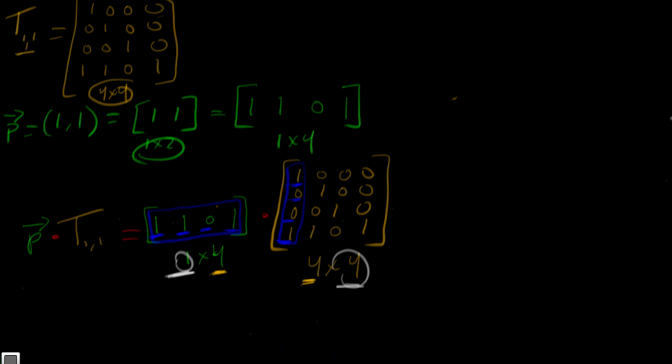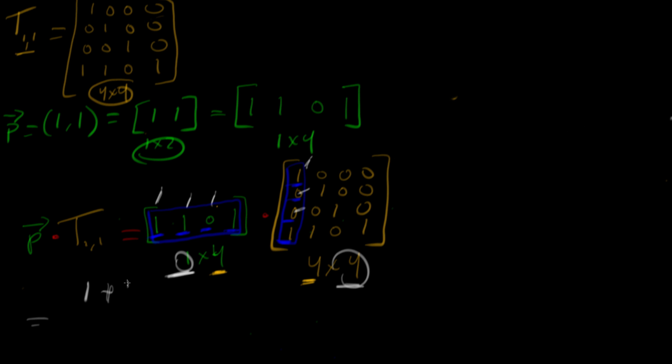So let me bring up white here. Okay. So this is going to equal 1 times 1, 1 times 1 is 1, plus 1 times 0 is 0, 0 times 0 is 0, 1 times 1 is 1.